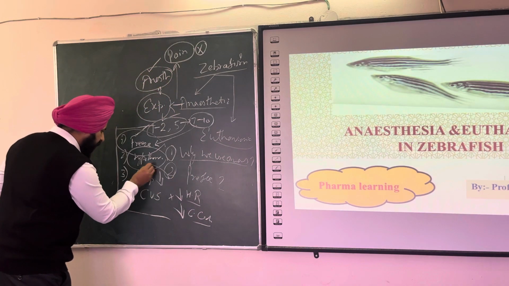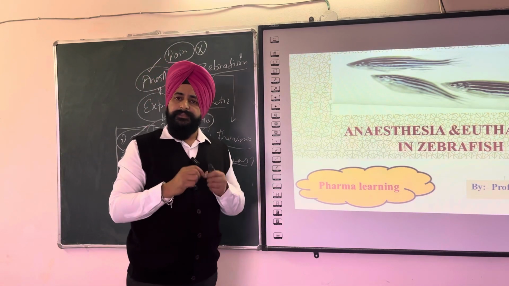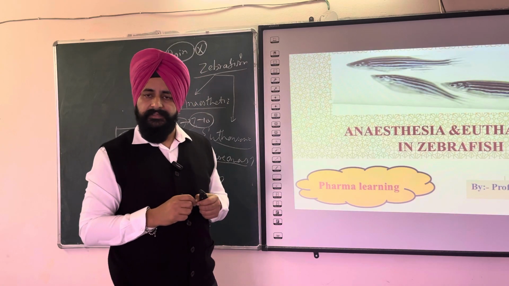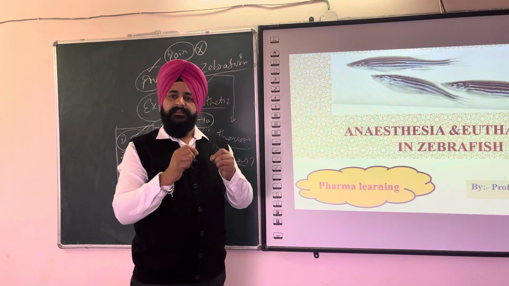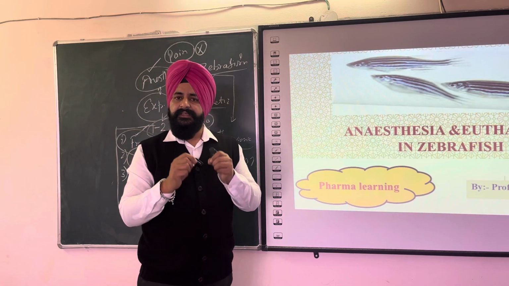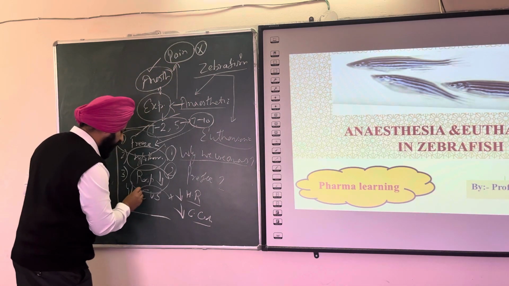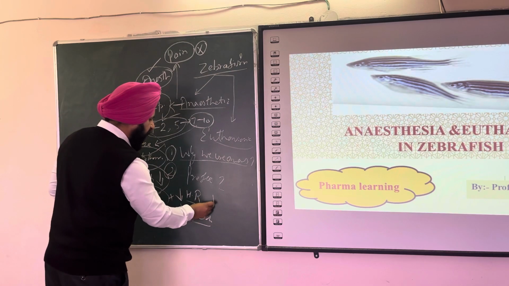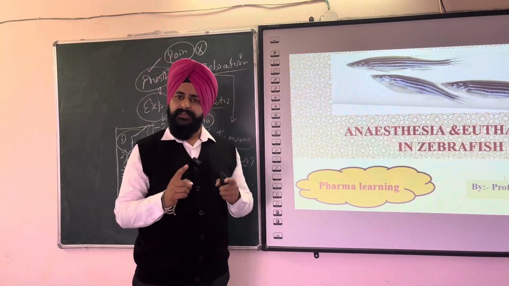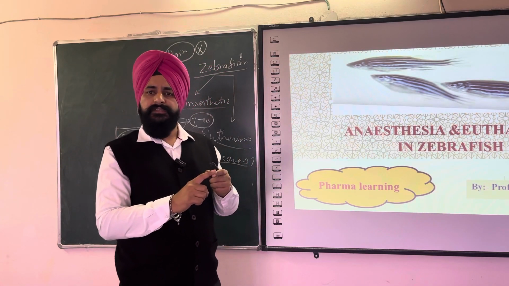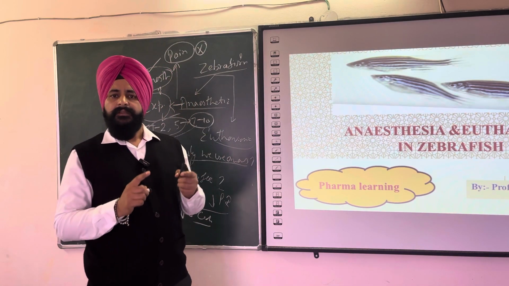Now, the third thing is respiratory rate decline. If the fish undergoes hypoxia, then you can say that death was due to hypoxia and reduced respiratory rate. If there is a decreased pulse rate or heart rate in the zebrafish, then again it can be due to an anesthetic overdose, or some other factors.